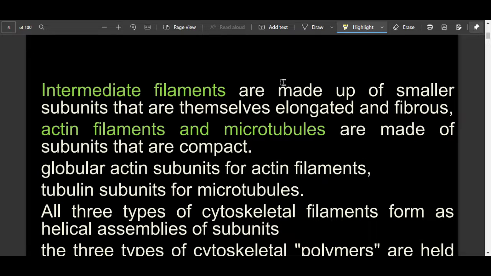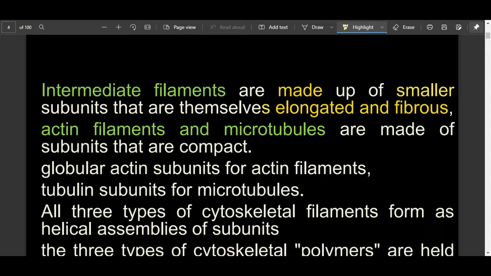Now I want to know about intermediate filaments. What is an intermediate filament, and how is it made? Intermediate filaments are made up of smaller subunits that are themselves elongated and fibrous.